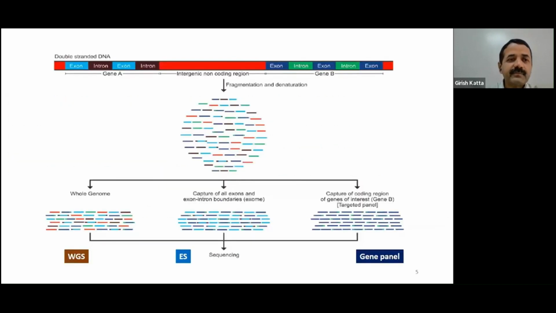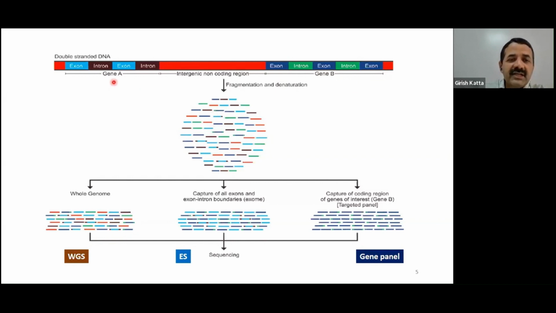This is the slide which my colleague Dhanya has taken efforts to draw very beautifully for all of you. You can see here, this is double-stranded DNA on the top, and I'll just use my pointer. This is double-stranded DNA, or what we refer to as the genome.